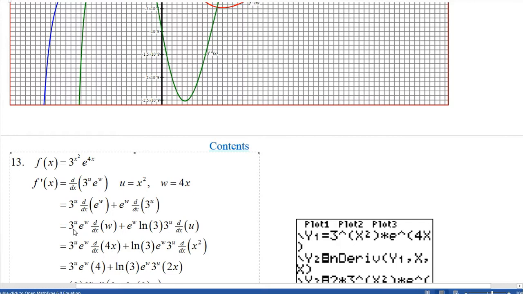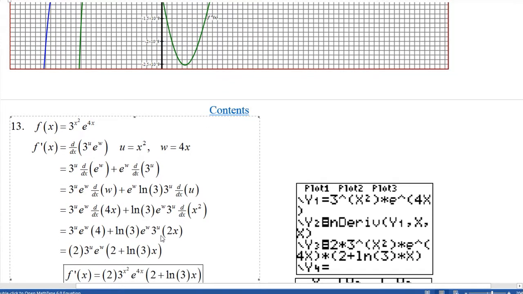Now, in the next part, this is 3 to the u, e to the w. The derivative of the w, let's see, w is 4x, so the derivative of 4x is just 4. U is x squared, so the derivative of x squared is just 2x. Now, here I rewrote the natural log in the front and wrote this. We got e to the w and 3 to the u.